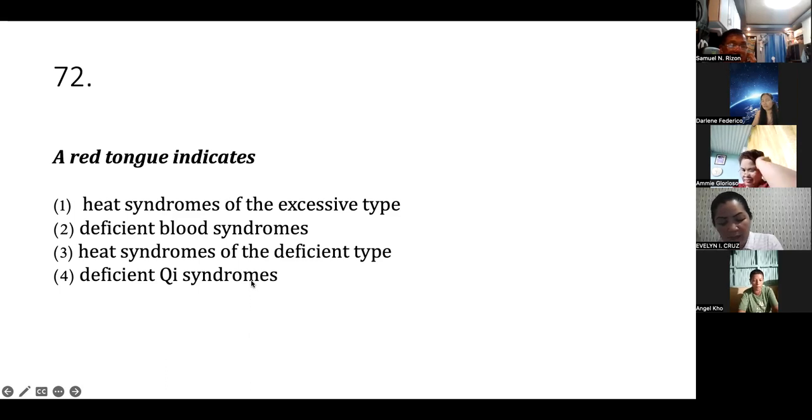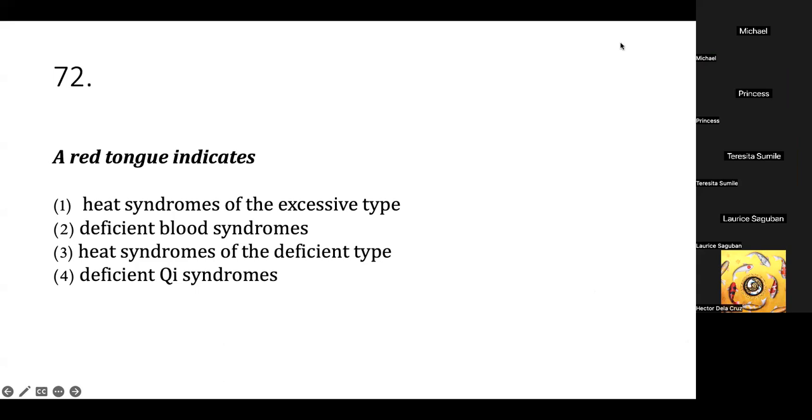So what is your answer here, Ma'am Jeliza? Deficient blood syndrome. Red tongue. We are on number 72, Ma'am. Oh, I was wrong. Don't get confused. Red tongue indicates heat syndrome of the excessive type. Letter A, including number 2? Only 1 and 3.